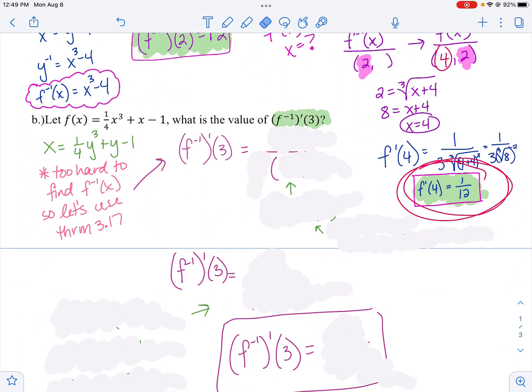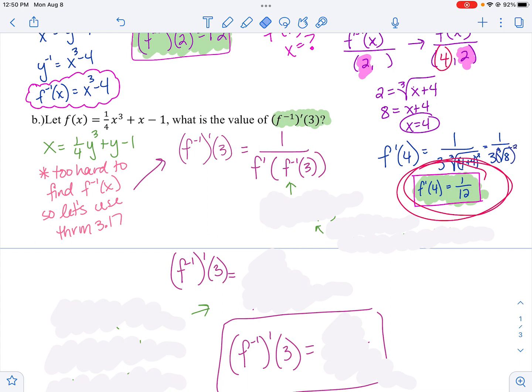Remember, it says that I can find the value of the inverse's derivative at 3 if I can find the value of the original derivative, f prime, at its x value, which is really the y value of the inverse, right? So when x is 3 in the inverse, the y is 3 in my original, and then it's just the reciprocal of that.